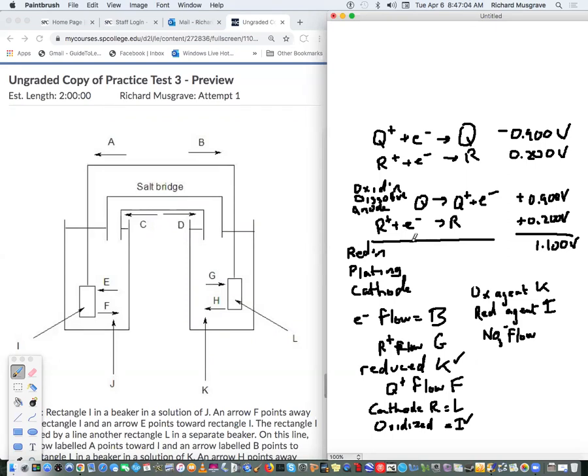Are you clear on this? I'm just having a hard time relating it to the diagram. Well, it's not so much about relating it to the diagram, Katie, it's relating it to these reactions. Because the Q is involved in the oxidation, the R plus is involved in the reduction.